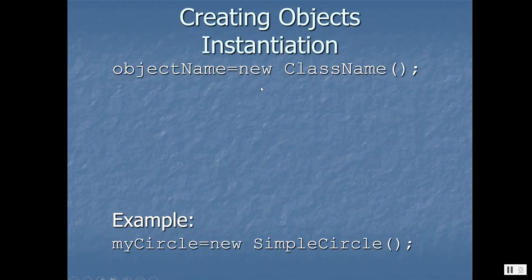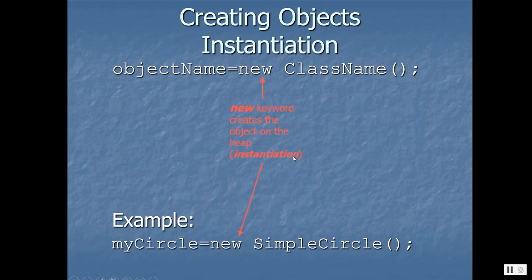That doesn't happen until we instantiate using the new keyword, and of course you're familiar with the new keyword because you used it to instantiate arrays, right? And you also used it to instantiate objects, at least with the scanner class. And so you can see that sort of thing is the same with any class that we instantiate.